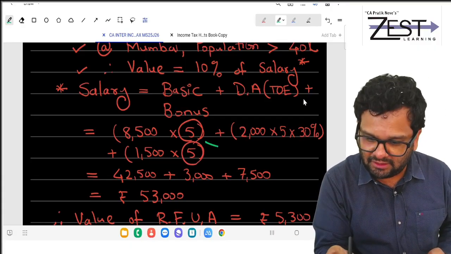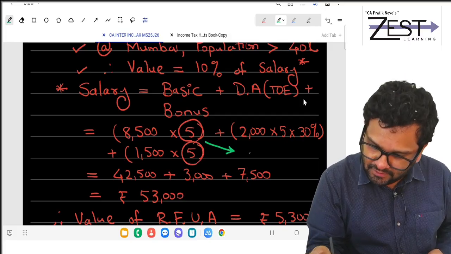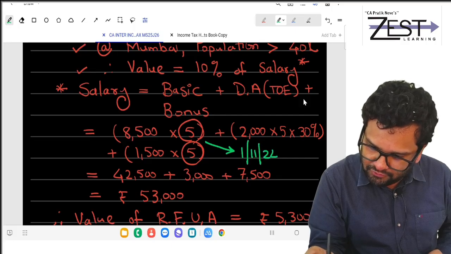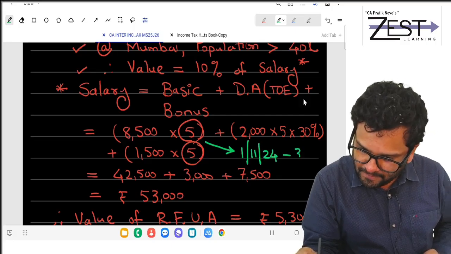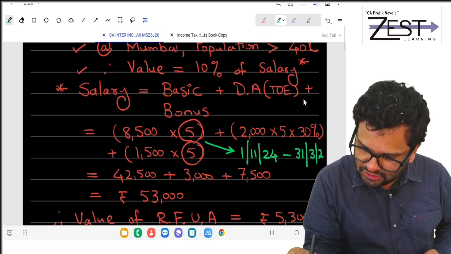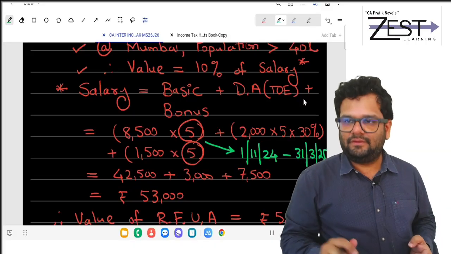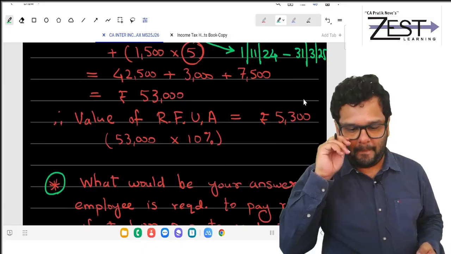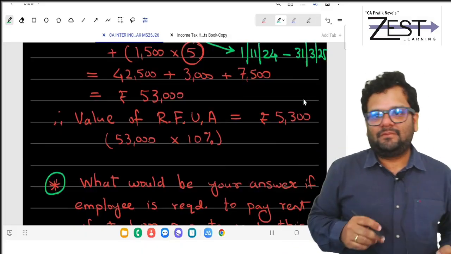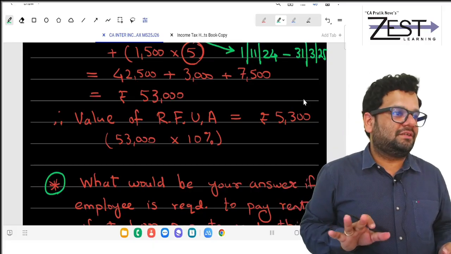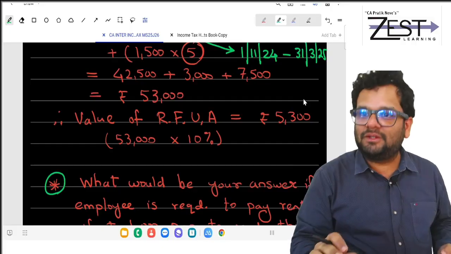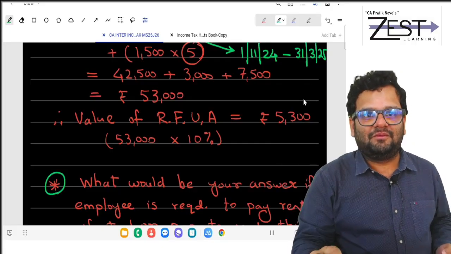So right now only write the clarification: 1st November 24 to 31st March 25. Right now everything is fine, but when you sit for studying, then think about this one point, why 5?